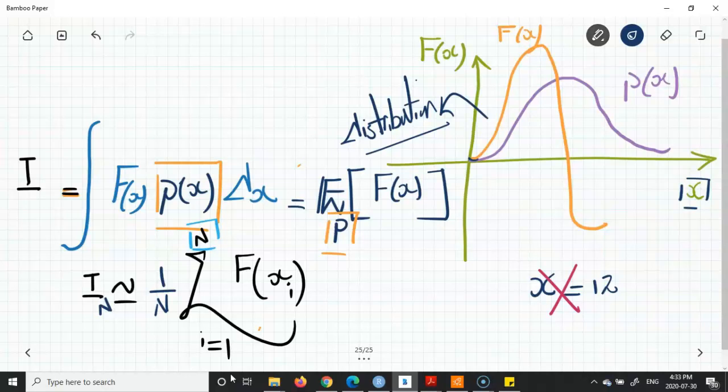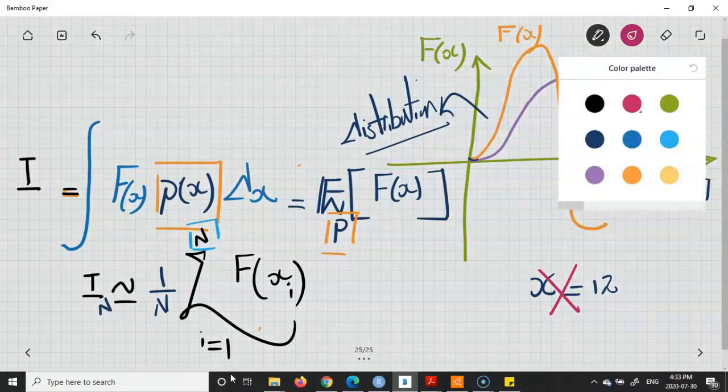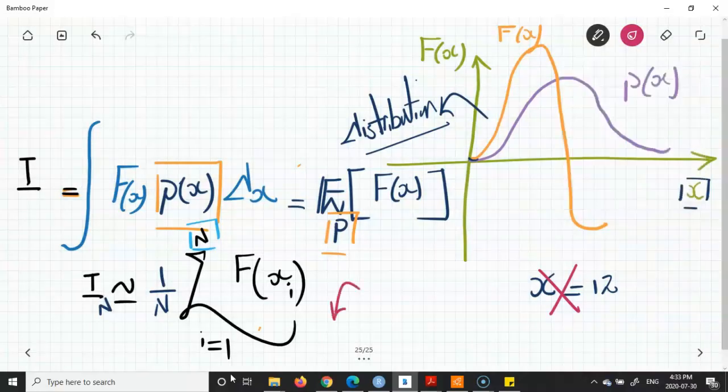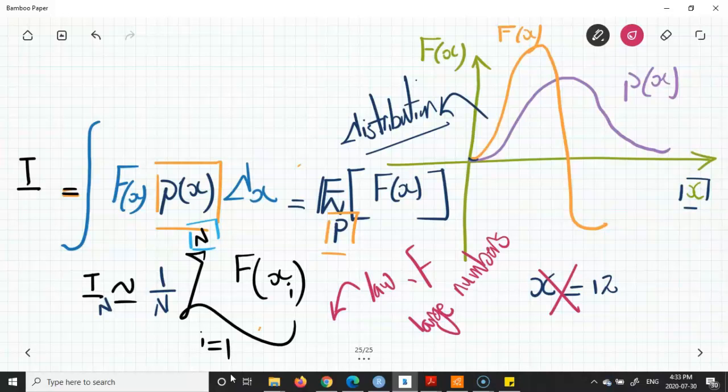This is one of the most important results in statistics, which we call the law of large numbers. We see that the integral, which was analytically intractable, can be approximated simply by the average of the function evaluated at each point of our distribution.